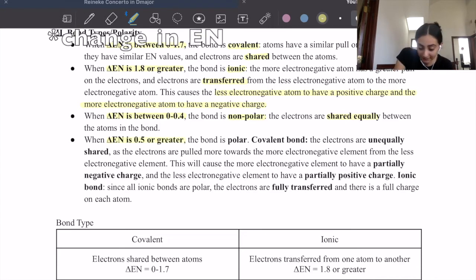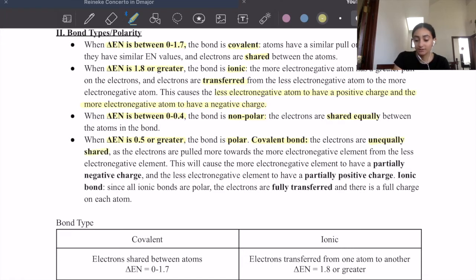When electronegativity is 0.5 or greater, the bond is polar, and this means two different things for covalent and ionic bonds. So for a covalent bond, which we know means electrons are shared, this means that the electrons are unequally shared.